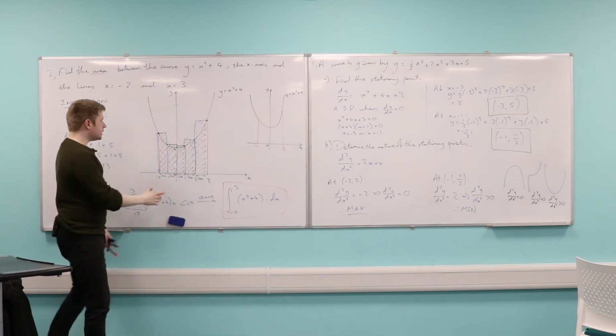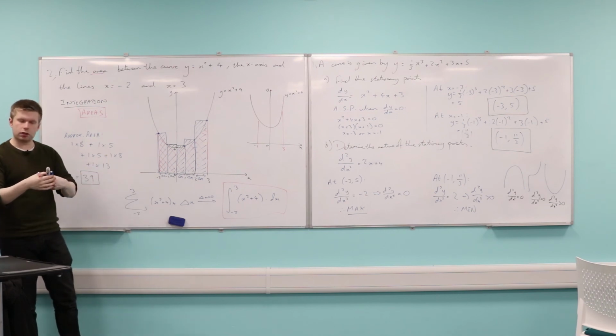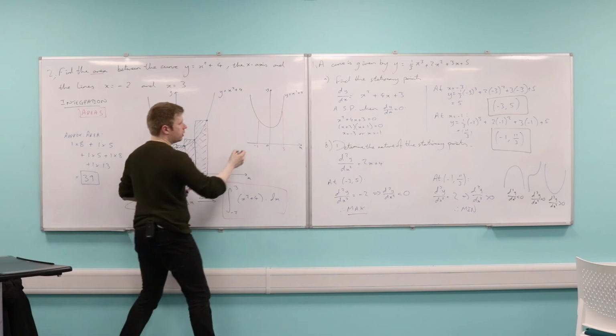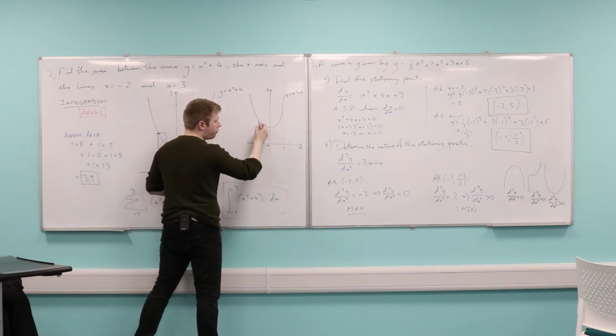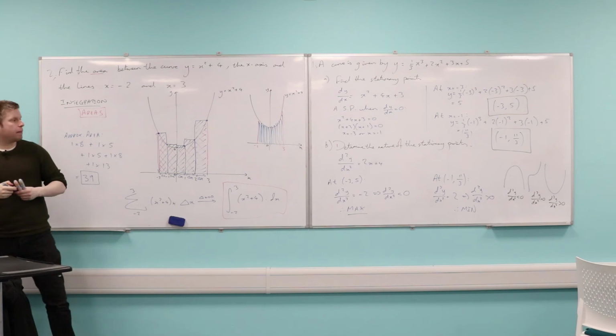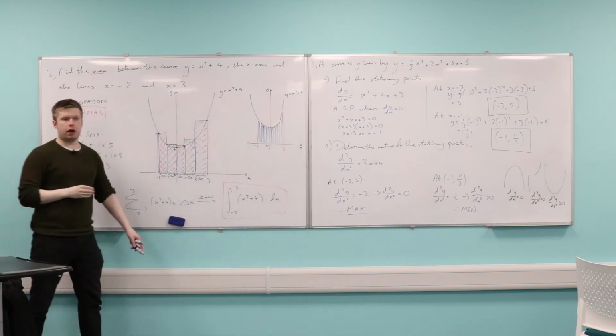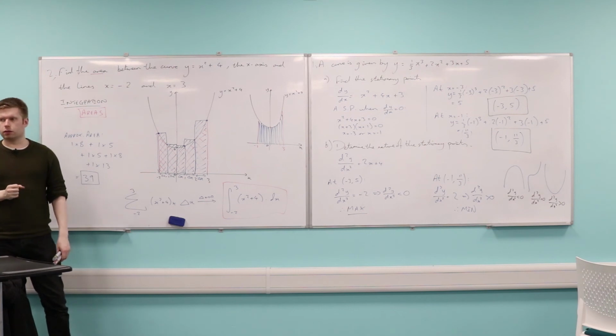What I'm literally doing is instead of using these big old rectangles which are rubbish approximations, I'm considering rectangles that are so small they're basically 0. In other words, like loads of little tiny rectangles stacked on top of each other, which of course you can just realise is essentially just a line. When I do that, that means that my rectangles are going to give me the best possible approximation of this area. Does that make sense? Okay.